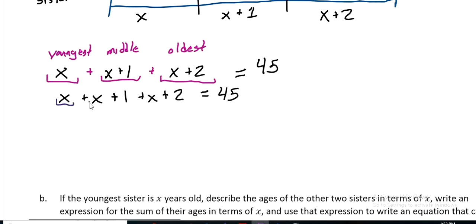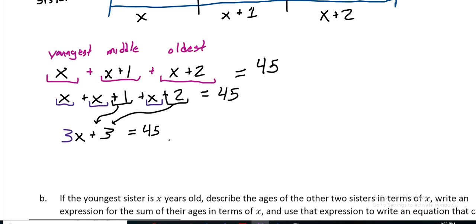We see x, x, and x, so I can really just write 3x, turning repeated addition into multiplication. Then what do we have left? We have plus 1 and plus 2. I can add those together, and they combine to be 3. So we have 3x plus 3, and it's all still equal to 45.